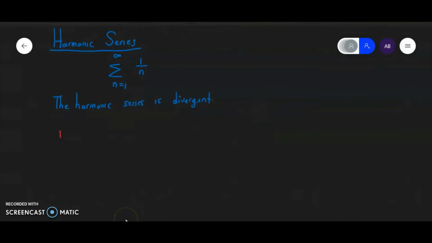How do we prove that? I have this example here. The first example: the summation from n equals 1 to infinity of 5 over n. Let's say I factor out the common term here, so the summation from n equals 1 to infinity of 1 over n.